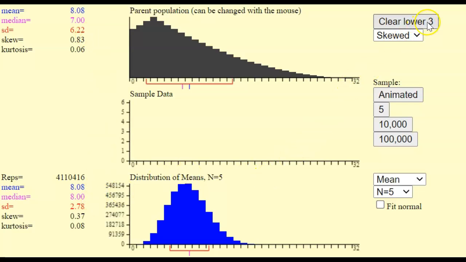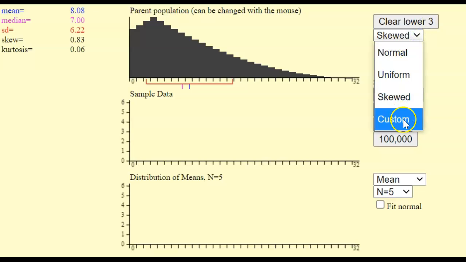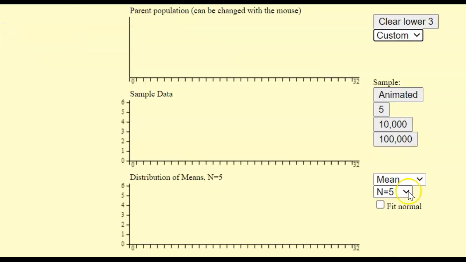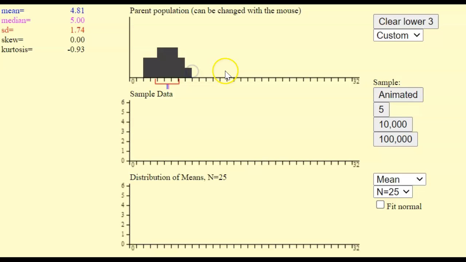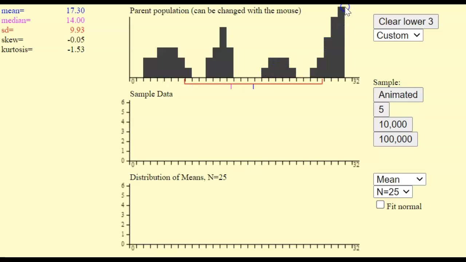So now we're going to do something that really changes things. Clear everything out. Let's go with a strange one, but this time we're going to take a sample of 25. Let's say this thing's really crazy. It's got a gap here, really tall. Let's go with that. That's fun. And a little bump there, and a big one out here. That's about as ugly as I can get.